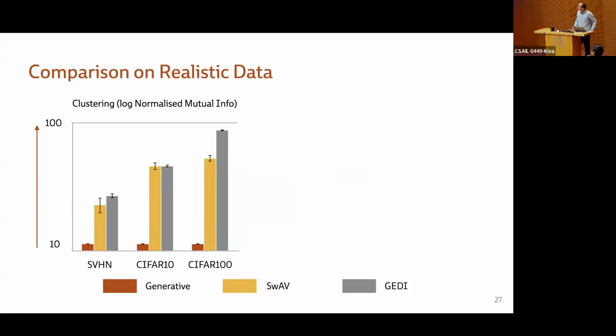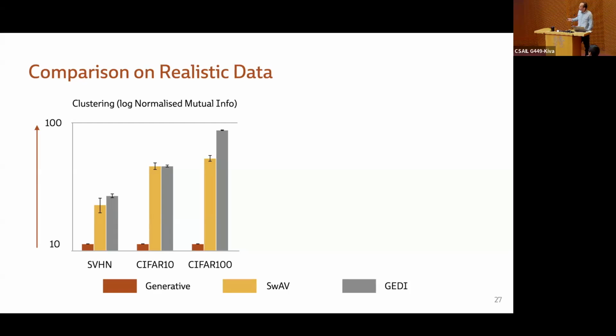Now let's look at the experiment on real data. Here we consider three data sets: street view house numbers and some naturalistic images. We compare our model with a generative approach and a clustering approach. What we can see is that the clustering performance of our model and the baselines is comparable, and in some cases we are better.